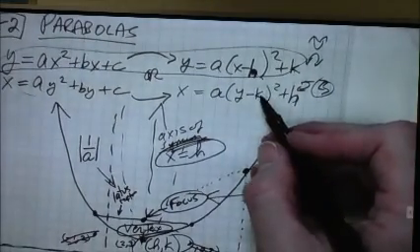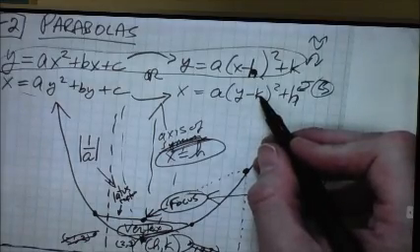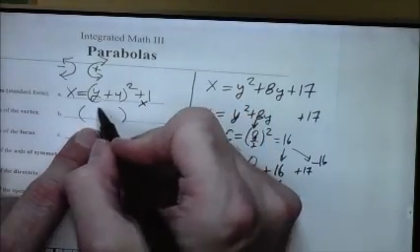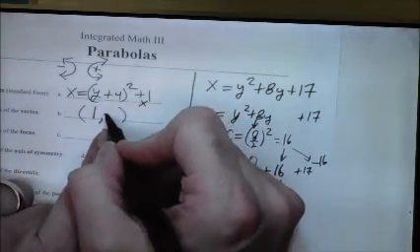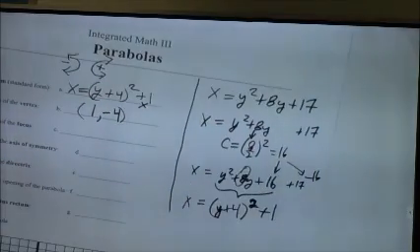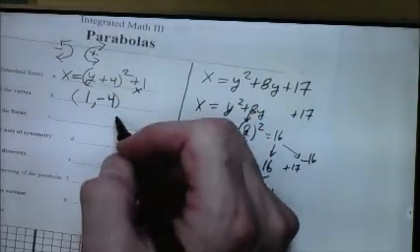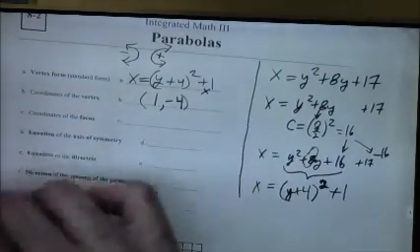Notice that the h and k, h is still the x value, but k is the one that's inside now because it goes with the y. So if I want to know the x value, I'm going to take this one for the x. And the y value will be the inside number, but now it's opposite sign, just like the x was in the last problem. So you have to remember it's opposite sign there for it. Okay. Now, this time for the focus, we also switch that little formula.